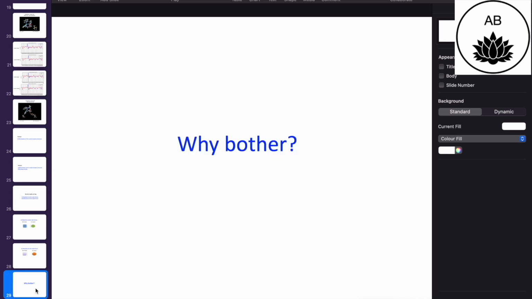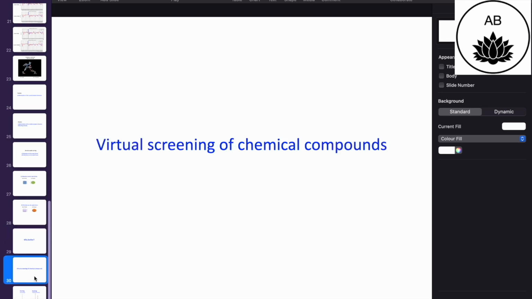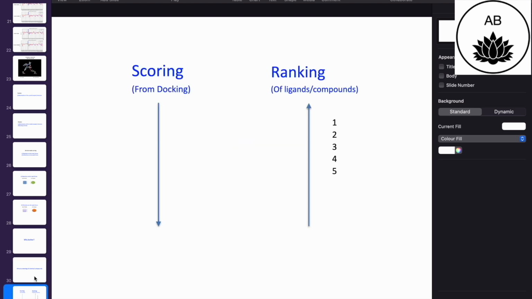Now, why bother about all these things? Because they have applications in virtual screening of chemical compounds. Say you're trying to find an inhibitor for a pathogenic protein, you're trying to design a drug, then all these things count. The scoring that you get from docking and the ranking of the compounds have an inverse correlation. So the more negative the score is, the higher the ranking of the compound, right?